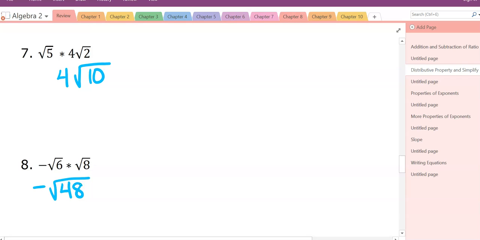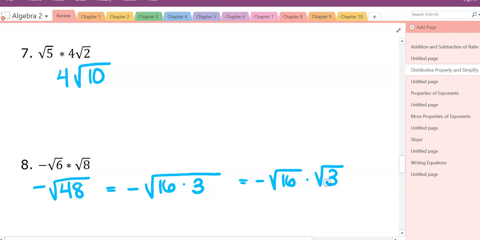I then will have to go through my list, find the biggest perfect square, which is 16, 16 times 3, and simplify this one like we did before. So my final answer is going to be negative 4, because that negative sign, times the square root of 3.